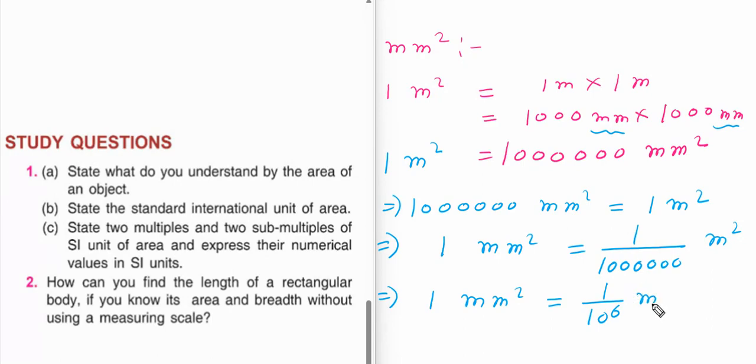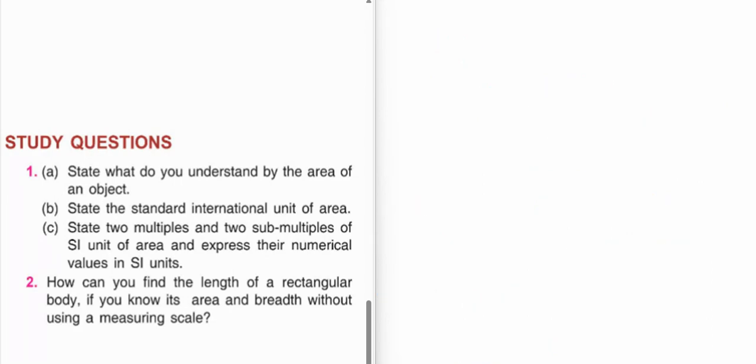Now, if we shift it from the denominator, it will become 10 raised to the power minus 6 meter square. Hence, we have studied one submultiple: 1 millimeter square equals 10 raised to the power minus 6 meter square.